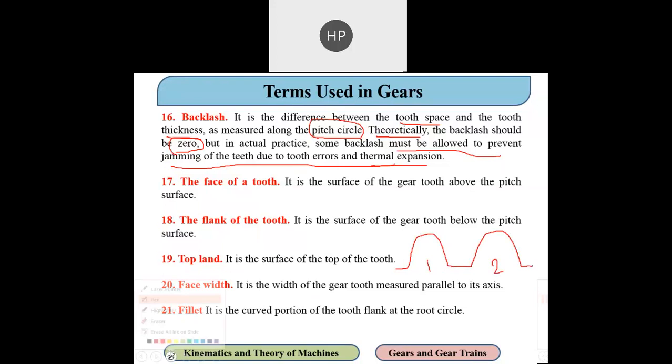Now I draw another gear which is meshing over here. This is the tooth.